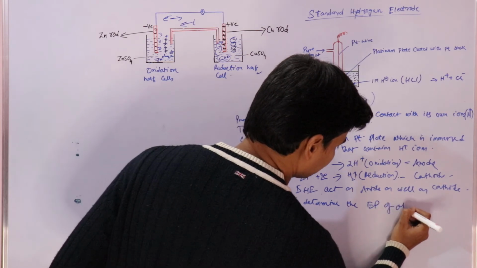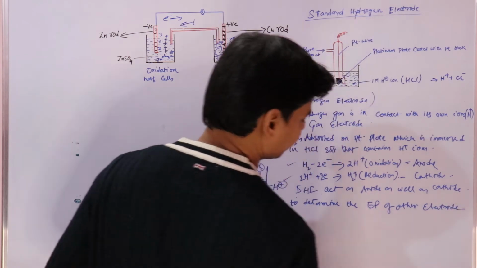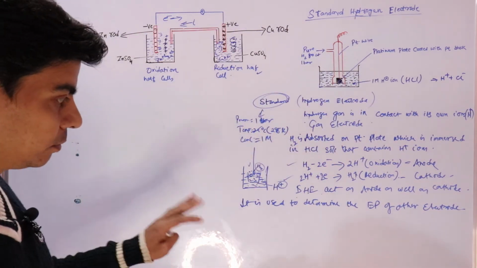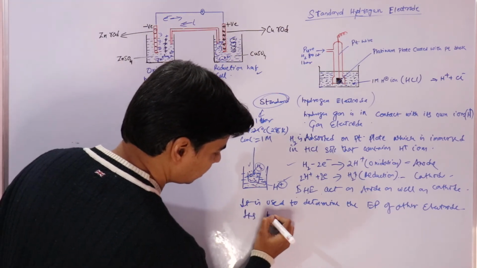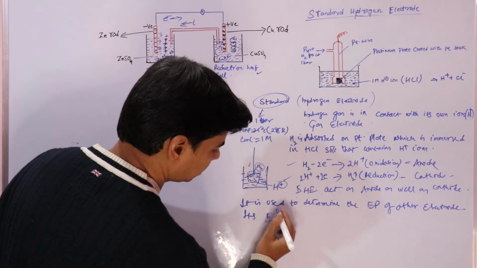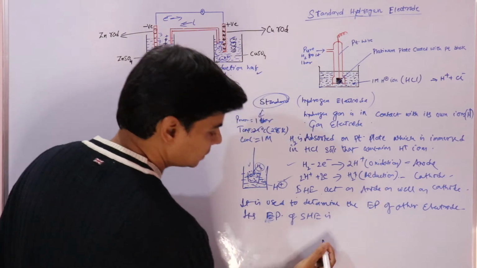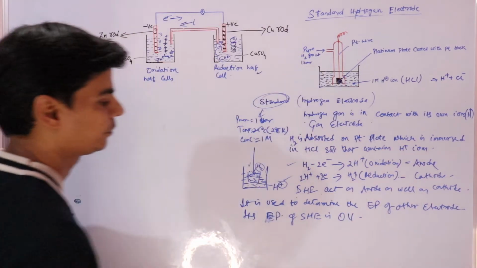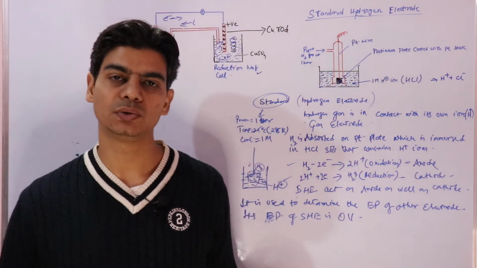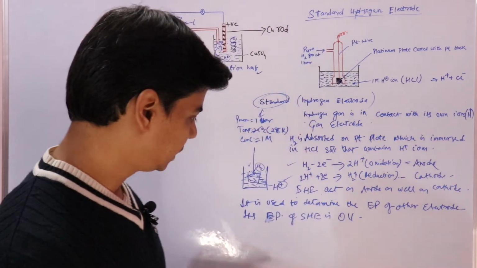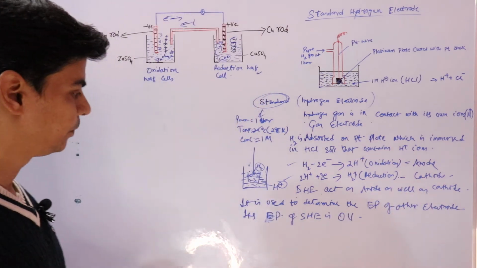The other most important thing is its electrode potential. The electrode potential of SHE is 0 volt. It is arbitrarily chosen as 0 volt, and it is used to determine the electrode potential of other electrodes. We'll see how.